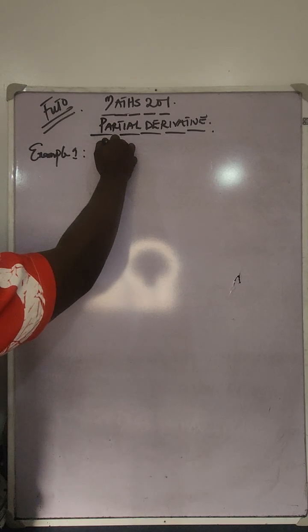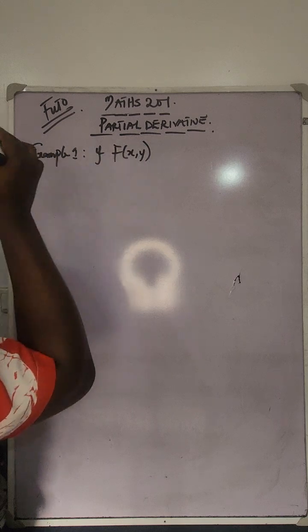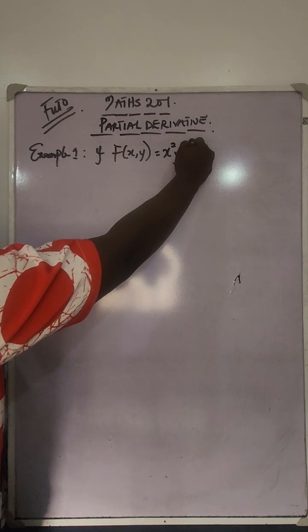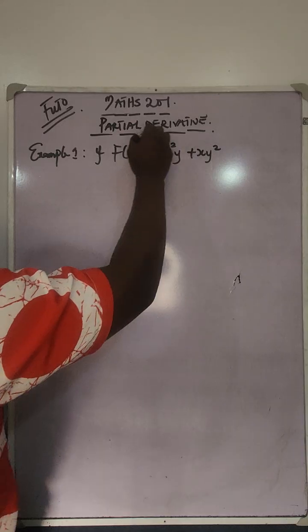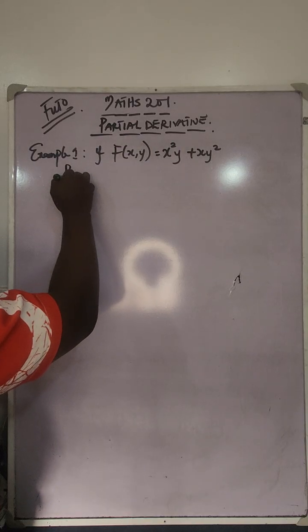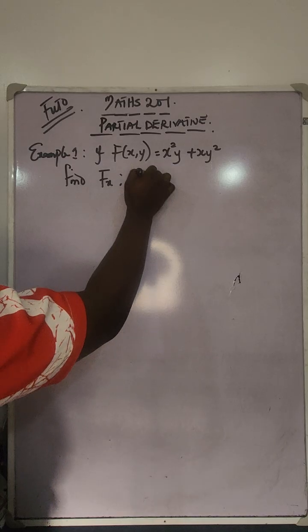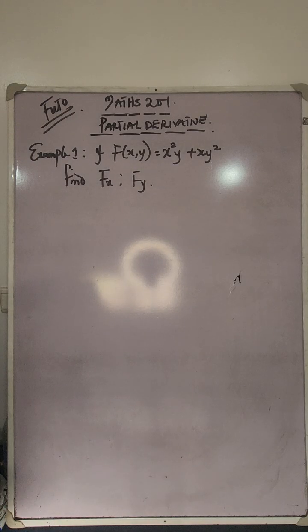It said if f, containing two independent variables, is equal to x squared y plus xy squared, find f of x and find f of y. Okay, simple, very easy.